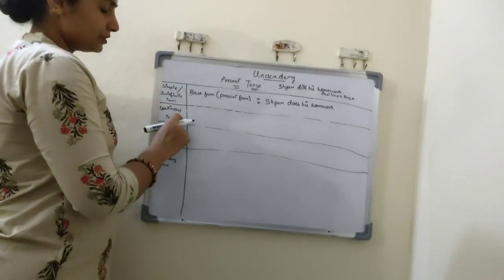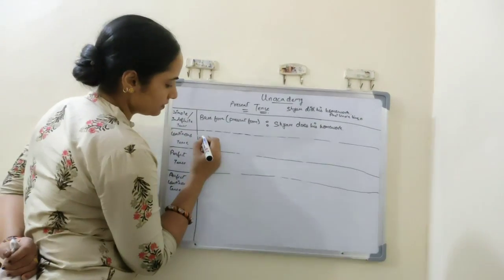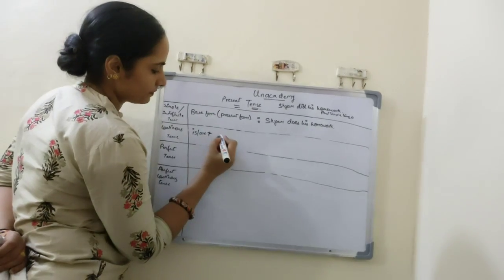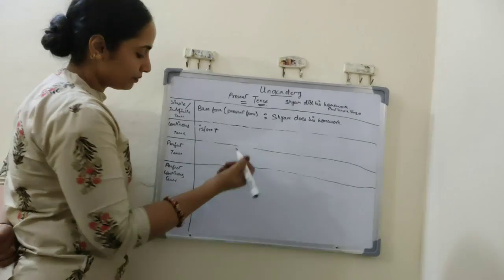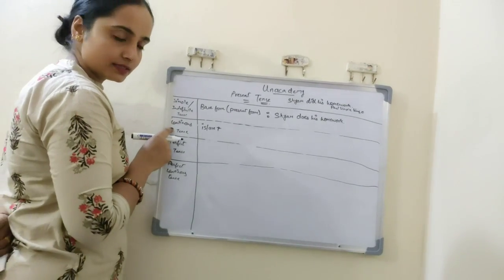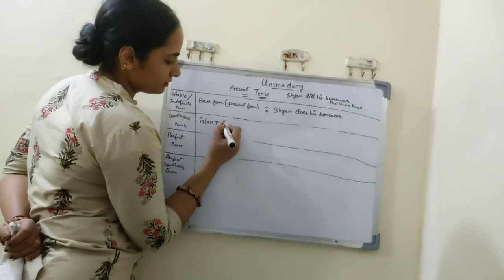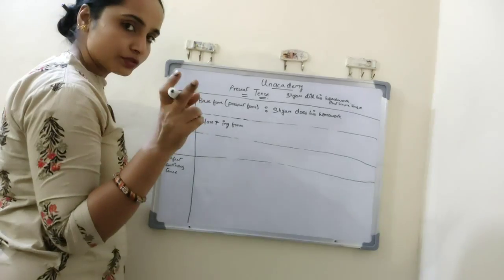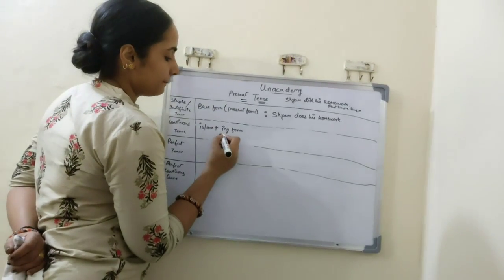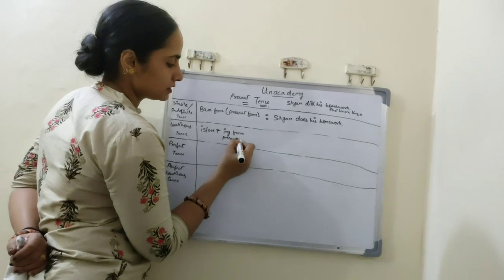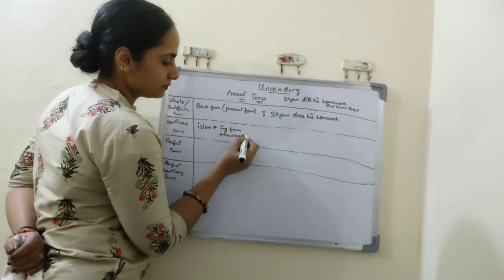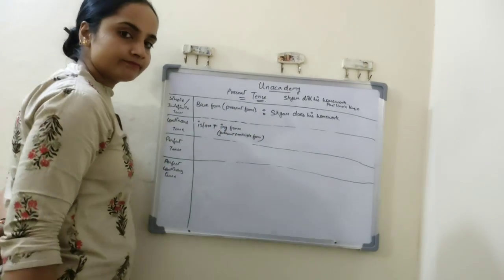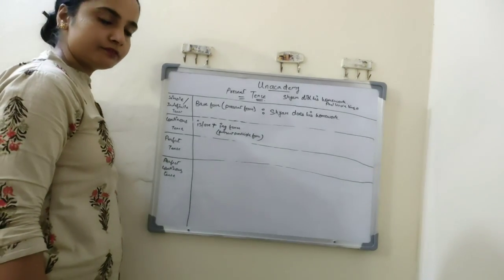Now, the continuous tense will be is or are plus the ing form, because it is the continuous tense. It was called the present participle form.